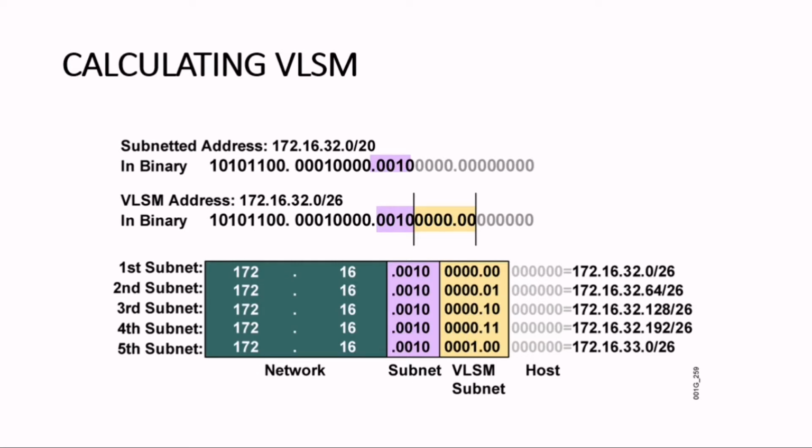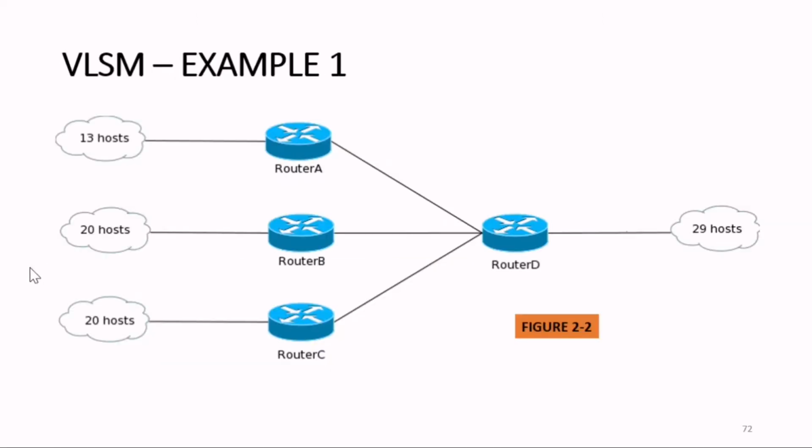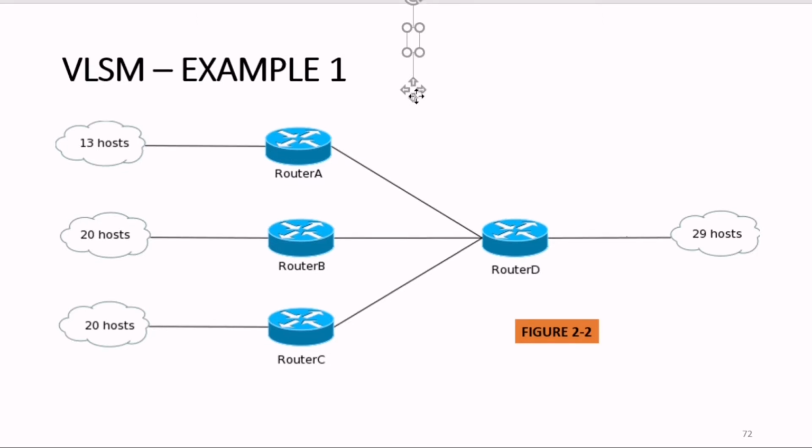So let's look into an example. This is the first example of VLSM, how we assign an IP address if we have this kind of network in figure 2.2. The first thing, I think there's one piece of information that is not given, which is the subnet address.